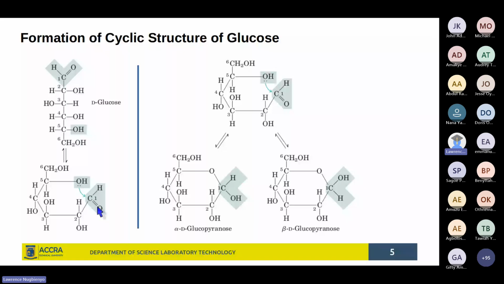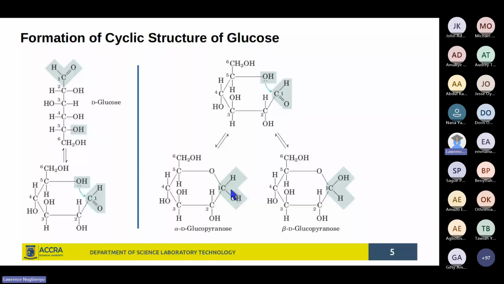Now we move to the right side of the reaction, and we see that two configurations of the glucose cyclic structure can be formed.